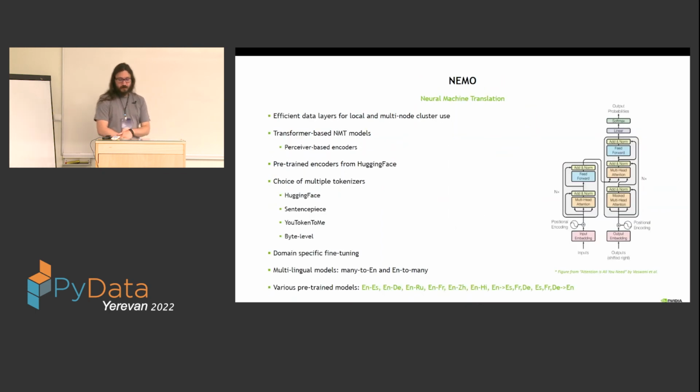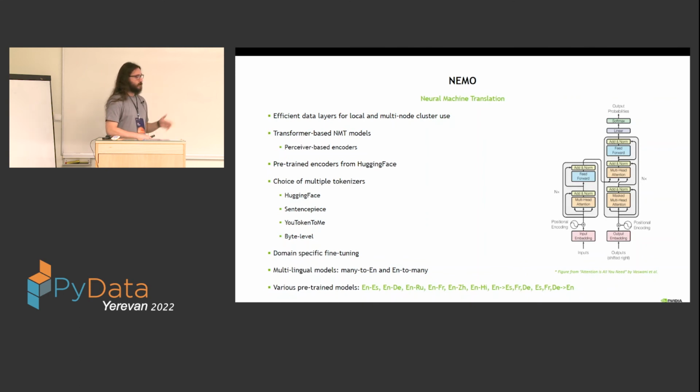Of course, NeMo has neural machine translation. I mean, who doesn't have it right now? The models are mostly transformer-based, like you see here, probably the most overused figure from the Attention Is All You Need paper. Also, we have perceiver-based encoders if you don't want to use just transformers.